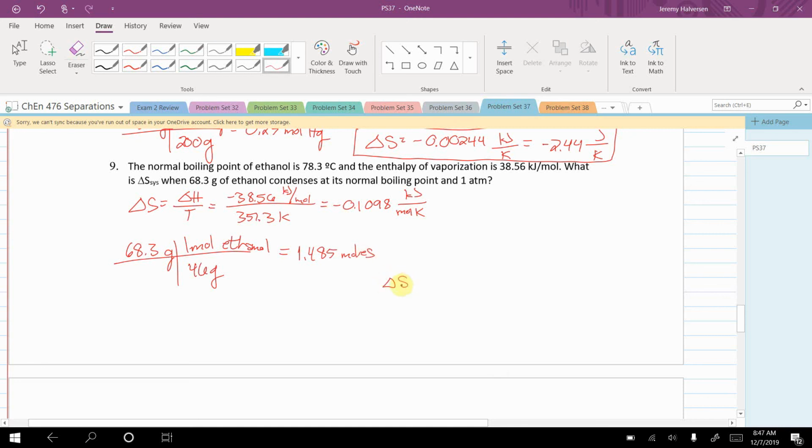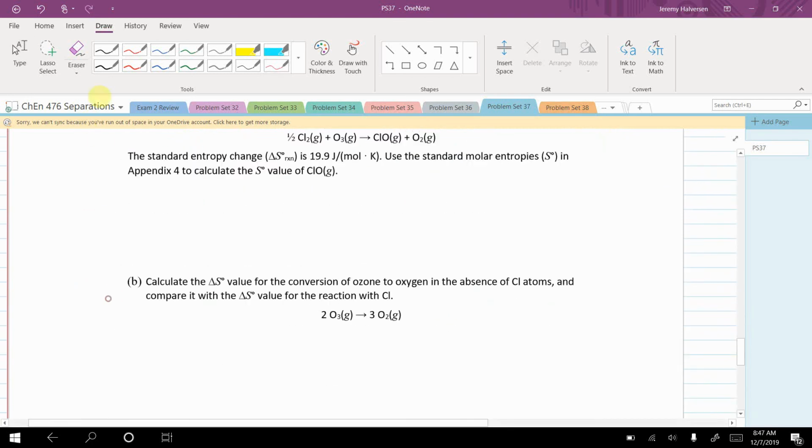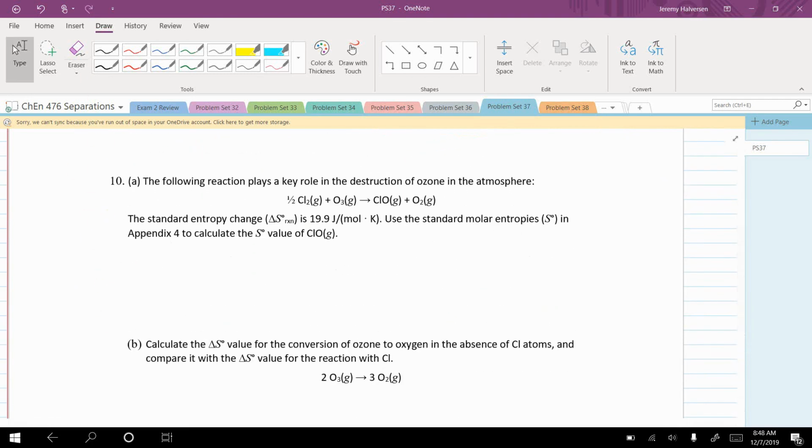So the total delta S is going to equal 1.485 moles times negative 0.1098 kilojoules per mole Kelvin. Delta S equals, I just changed the units in my head, negative 163 joules per Kelvin. Okay, sweet. All right, number 10.